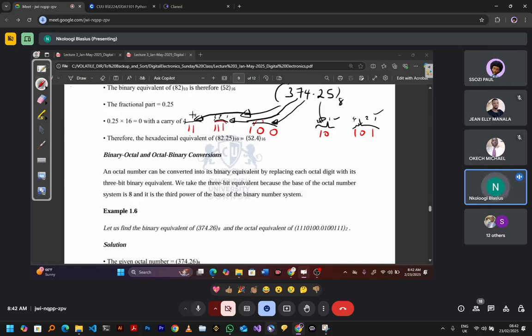The 3 is 1 and 2, which is already 3. So you now have the binary equivalent for each of these individual digits. But now we said that you need to group them to their equivalent 3 bits.